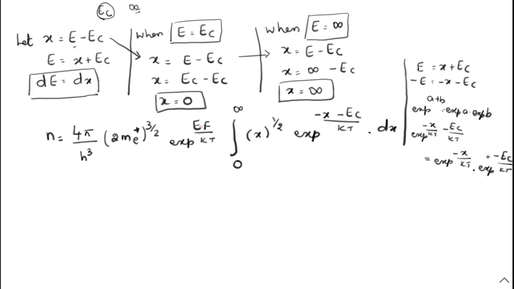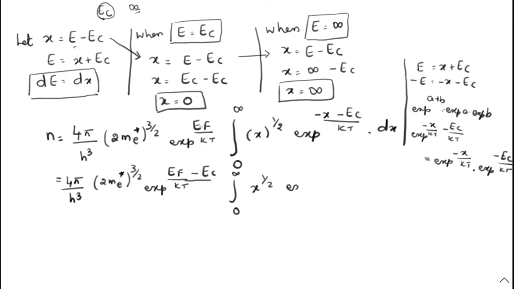Now the same thing I write here: 4 pi by h cube, 2 m e star whole to the power of 3 by 2, exponential of EF by KT. I take out the minus EC by KT, so it becomes exponential of EF minus EC divided by KT. Then in the integration, 0 to infinite x power 1 by 2 exponential of minus x by KT into dx.